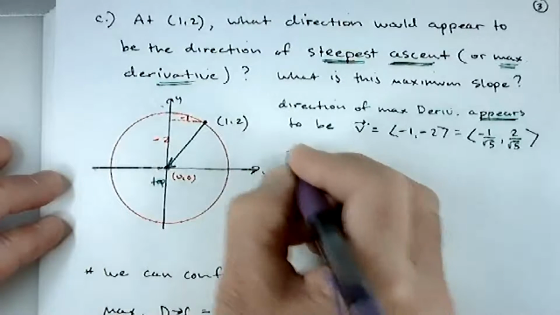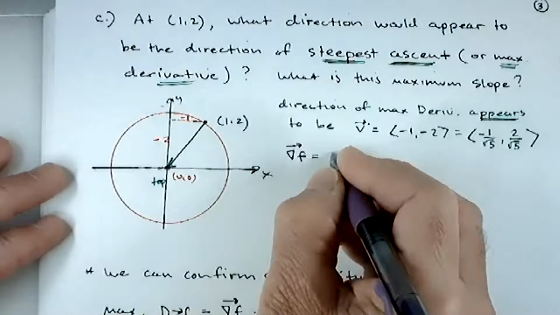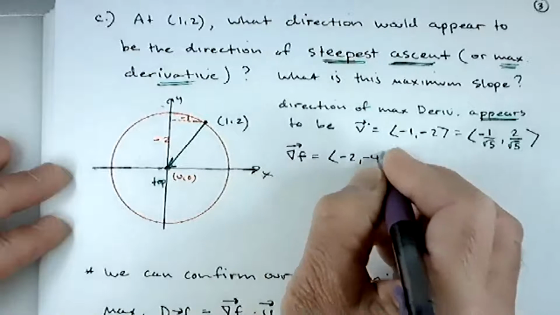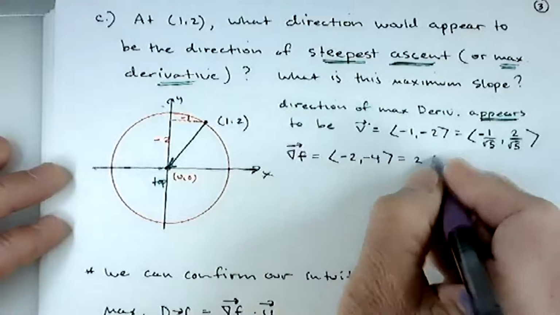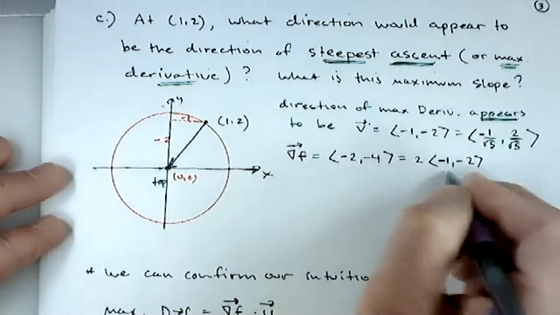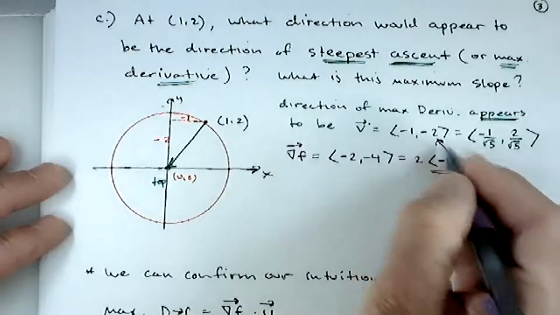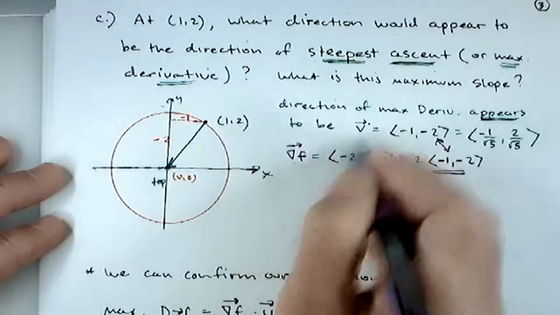We know the gradient vector should be pointing in the direction of steepest ascent, and we've already calculated our gradient vector several times. That's -2, -4. Notice that if I pull out a 2, do you see that? I mean, it's twice as long, but do you see that that's essentially the same? It's the same direction, isn't it? The gradient is pointing in the same direction as v.